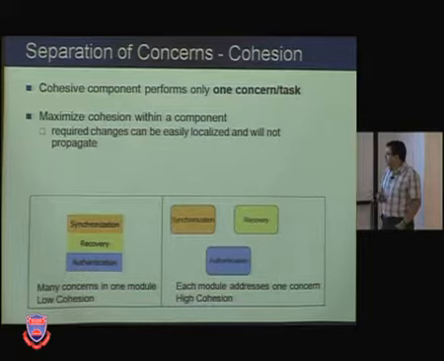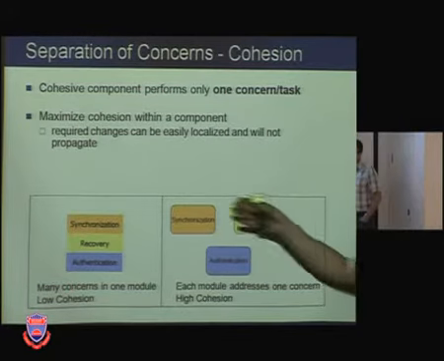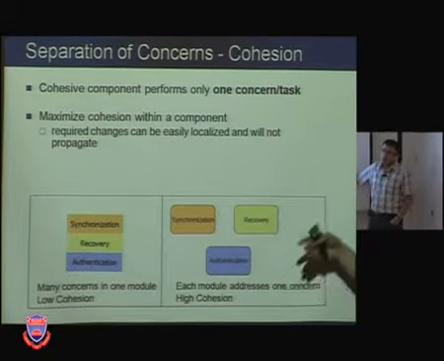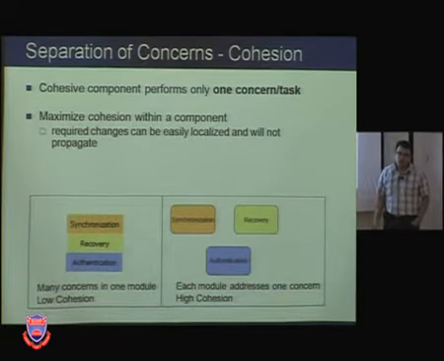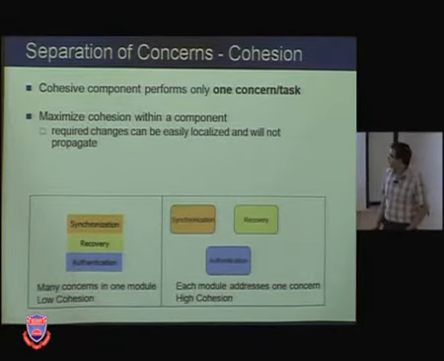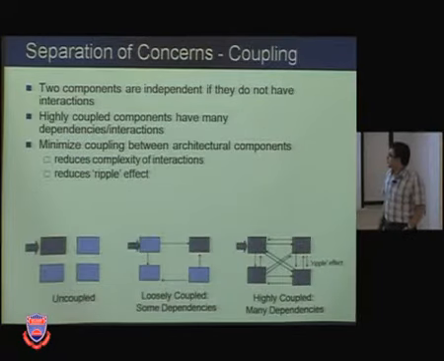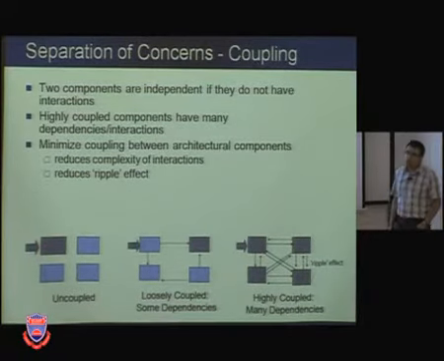We have to change synchronization, in this case we just need to change this component. We have to change recovery, we change this. Authentication, change this. But in this case, it's just the concerns which need to be changed. We can identify the module, and that module is changed. Okay? Cohesion.